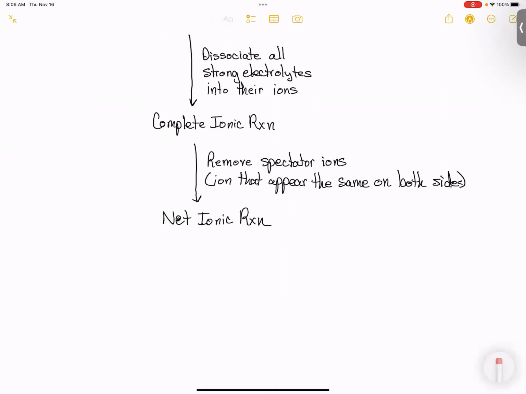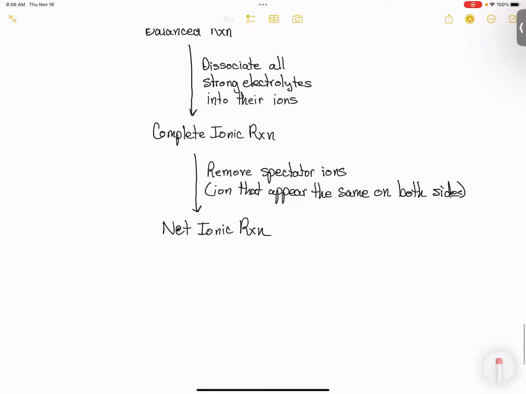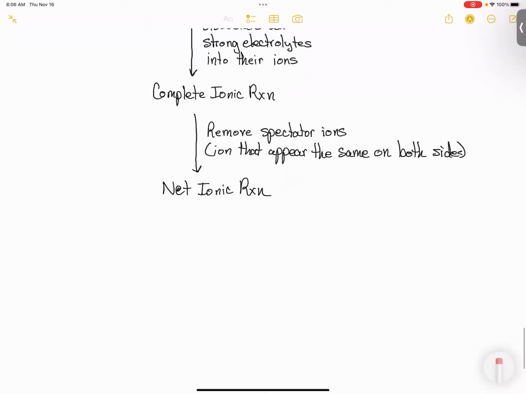Now, we're going to use the balanced chemical equation, complete ionic reaction, and net ionic reaction with two types of reactions that we're going to discuss. The first type is called a precipitation reaction.